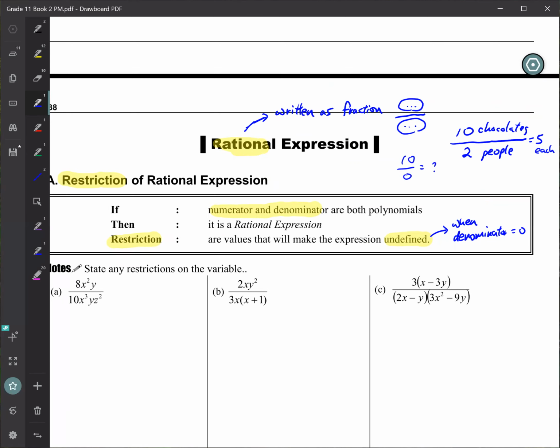You are sharing, but at the same time, there's no one. So we never have a denominator of 0. This is one way you can explain it. So restriction means the value that, if you plug it in, will make the denominator become 0. That's the number we don't want to have.